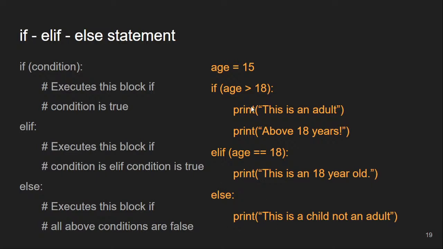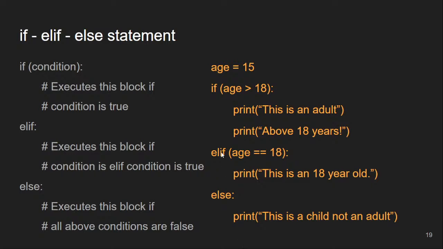The way the interpreter or the compiler will work is that it will check this condition. If it's not met, it will check this condition. If it's not met, then it will do this. All right. But if either of these conditions is met, it does that. So if this is met first, it will do this and then ignore the rest and jump to another part of the code.